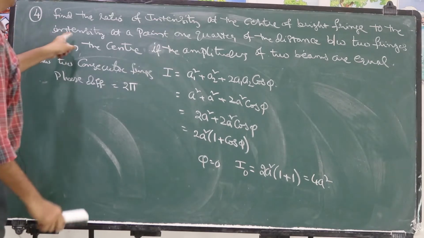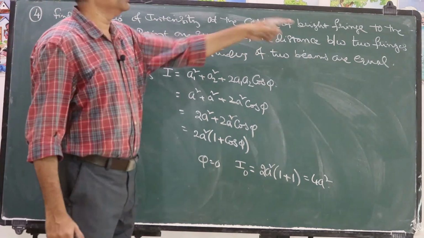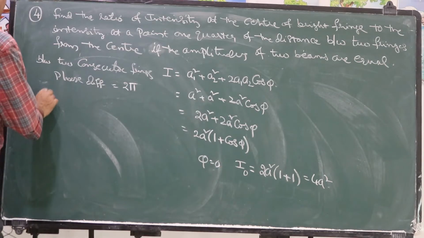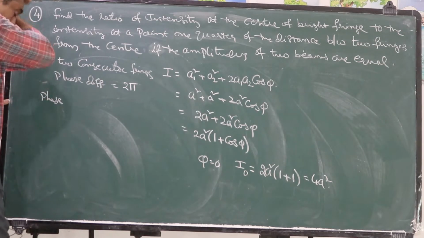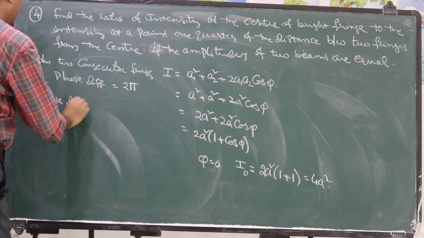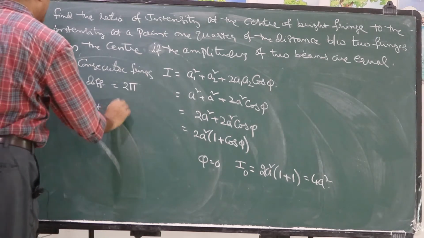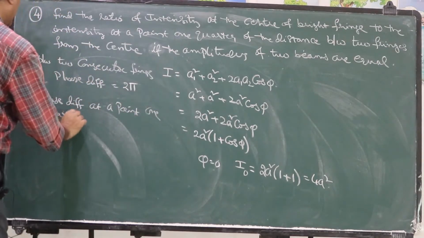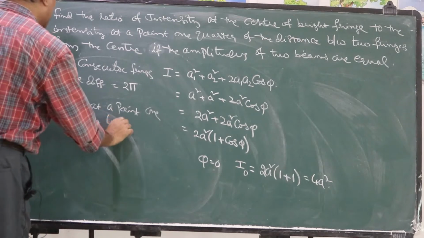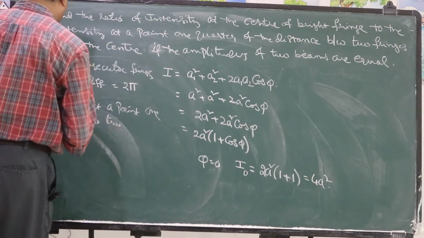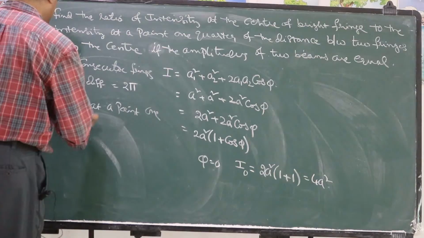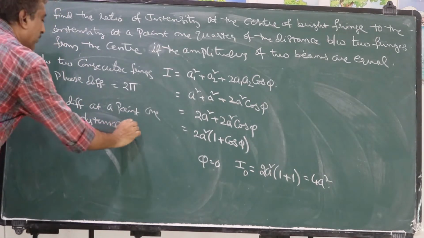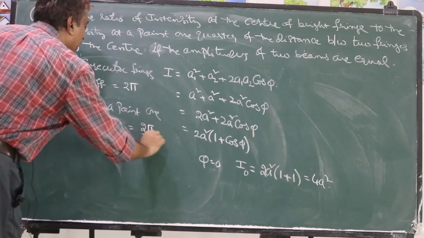Okay, now the intensity at a point 1/4 of the distance between the two fringes. That means the phase difference at a point 1/4 distance between two fringes is equal to 2 pi by 4, that is equal to pi by 2.